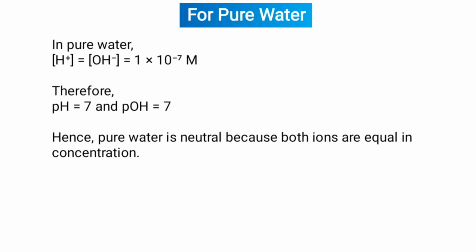For pure water, the concentration of H+ ion is equal to the concentration of OH- ion, equal to 1 multiplied by 10 raised to the power minus 7 M. Therefore, pH is equal to 7 and pOH is also equal to 7. Hence, pure water is neutral because both ions are equal in concentration.